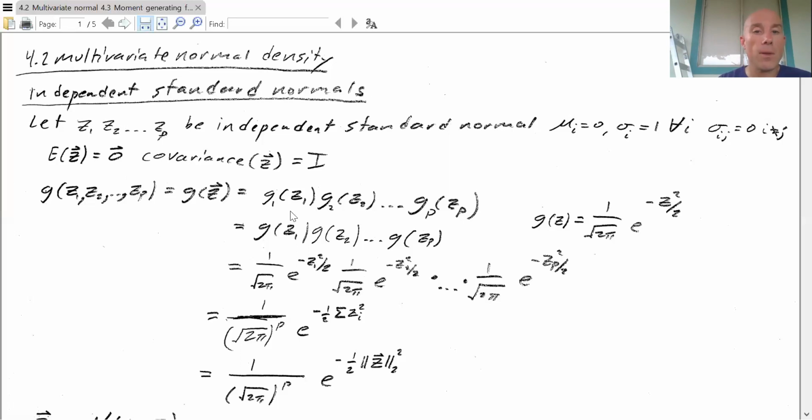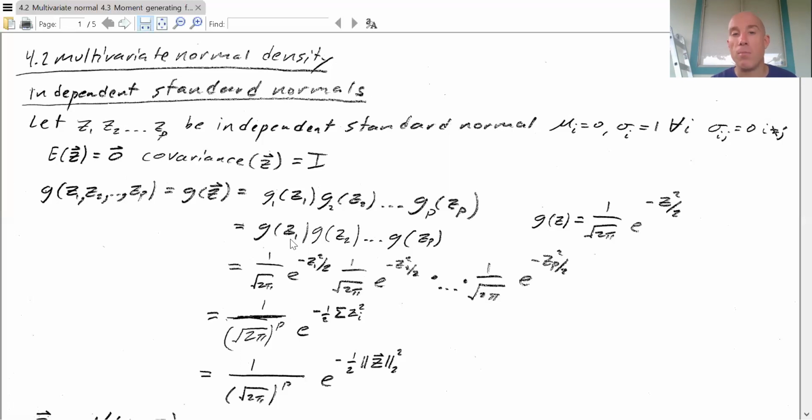Now, here I'm saying G1 because this will be the density of the first variable, G2 because it's the density of the second variable, all the way down to G sub p, which is the density of the pth variable. Okay, we know about that from stat theory. Now, I'm going to use the fact that all of these have the same density. Since they all have the same density, I get rid of the subscripts.